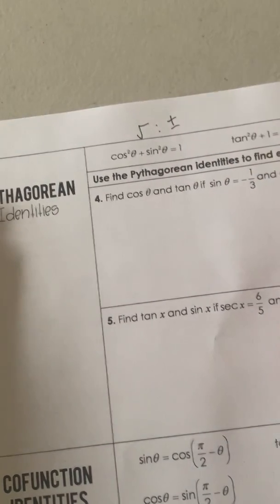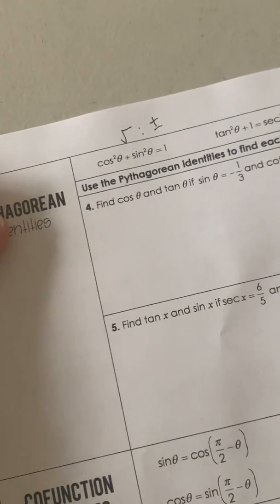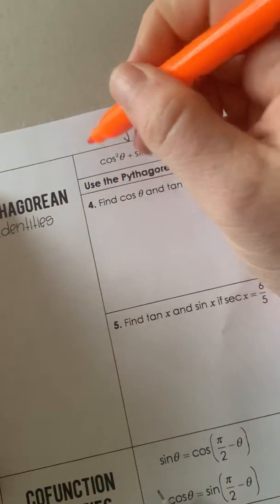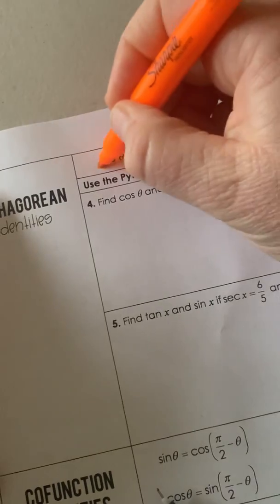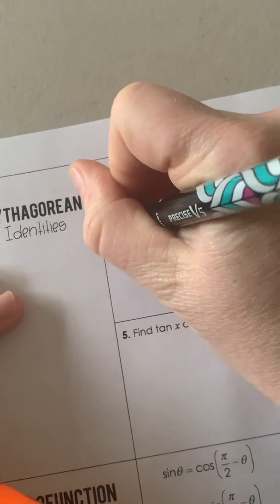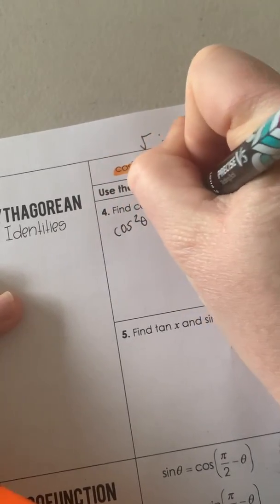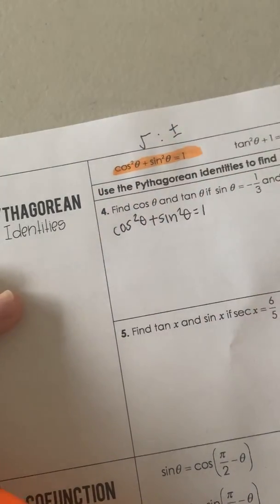Okay, so if sine theta is -1/3, let's use this identity here, that cosine squared theta plus sine squared theta is 1. All right, so let's start with that. Cosine squared theta plus sine squared theta equals 1.